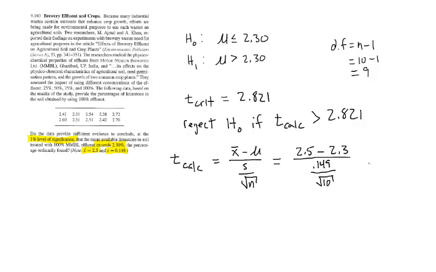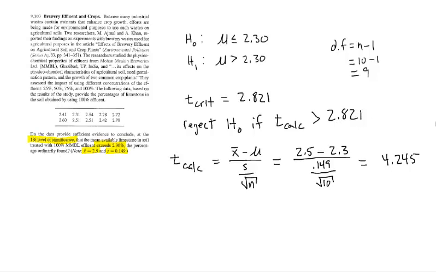And when we put this in our calculator, we find that it's 4.245. And since our t-calc is greater than our critical value, we're going to reject H naught.